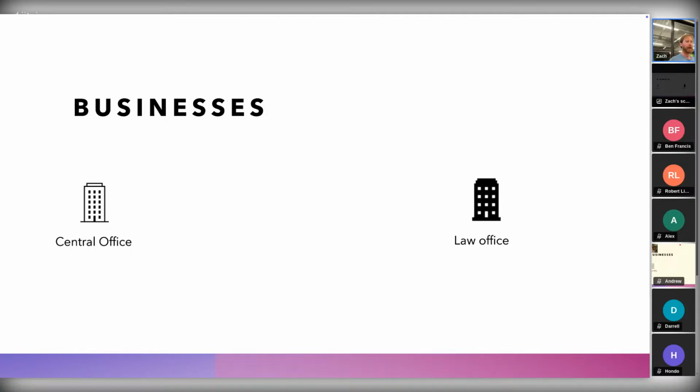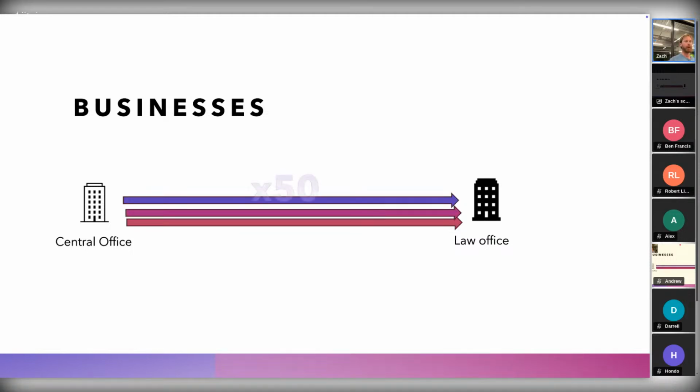You wanted a bunch of lawyers all with phones on their desk. What you needed to do was not just put one phone line, but a whole bunch of phone lines going into that law office. You needed 50 phone lines going over there. They all went from the central office all the way over to the law office.